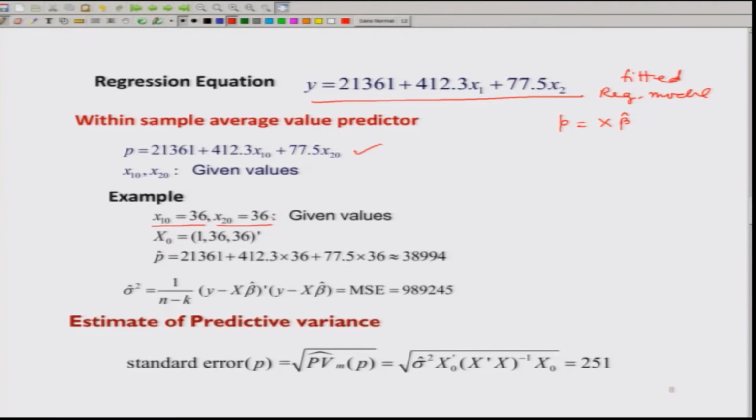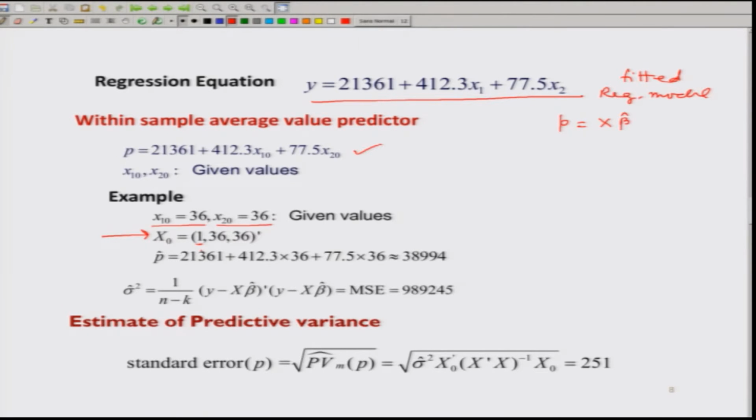So, as per our symbolic notations, x0 will be denoted by a 3 cross 1 vector whose first element is 1 and other two elements are the values of x1 naught and x2 naught. This 1 is indicating the presence of the intercept term in the model.